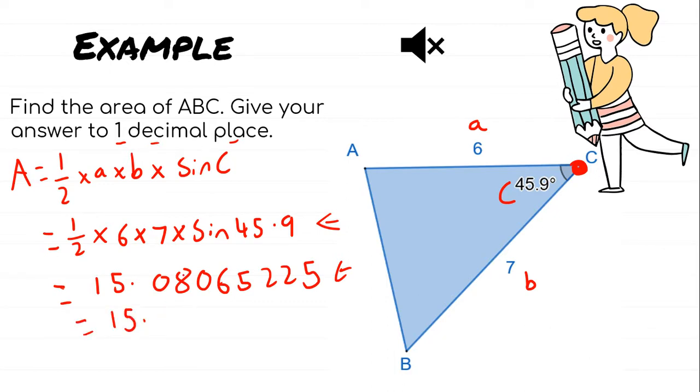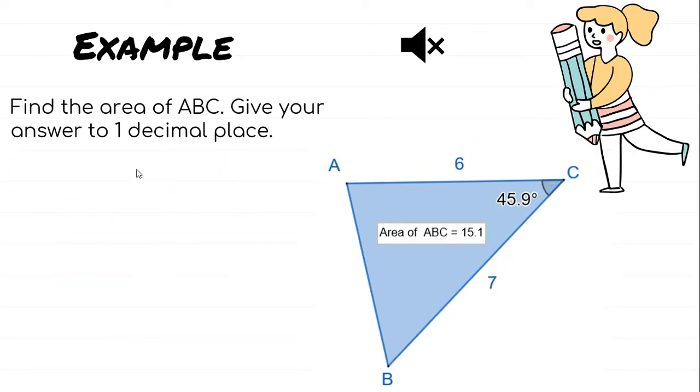The 8 tells you to round up, so it's going to be 15.1. In terms of units, if this was centimeters, our answer would be centimeters squared, because we're finding the area, and area is always measured in units squared. So we can check we've got that correct.